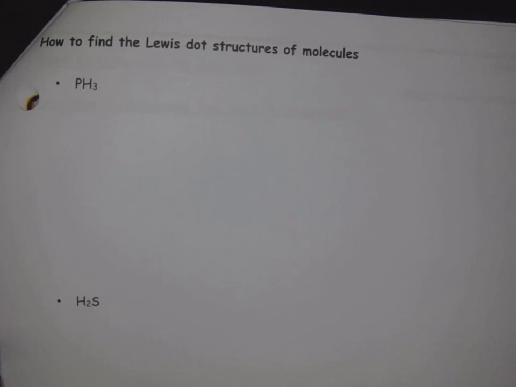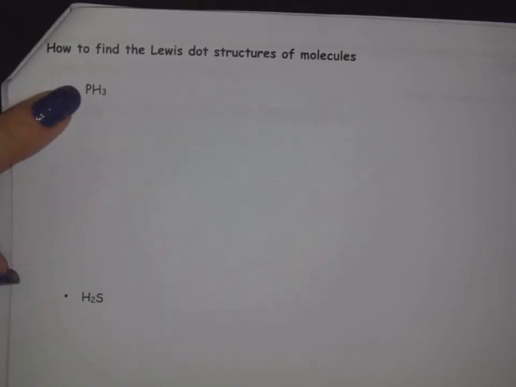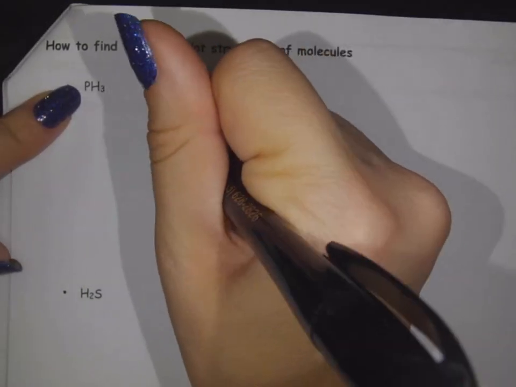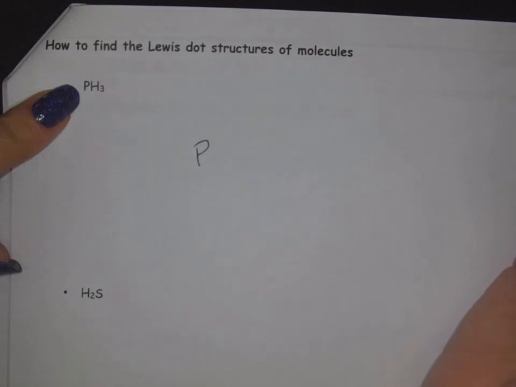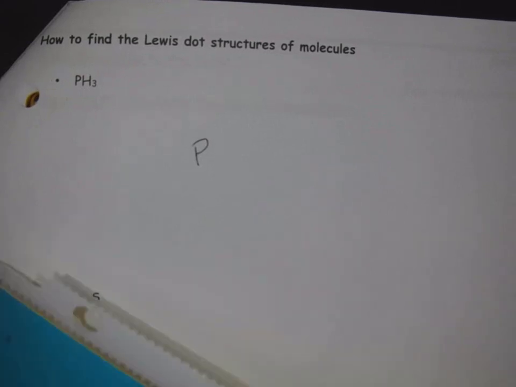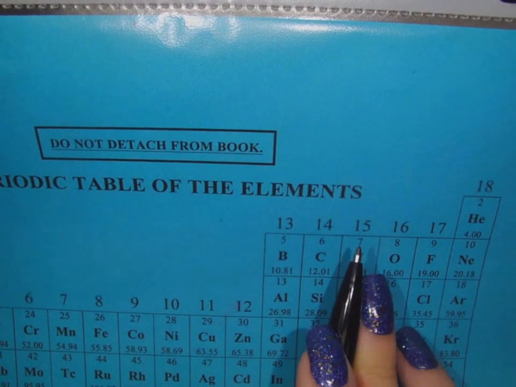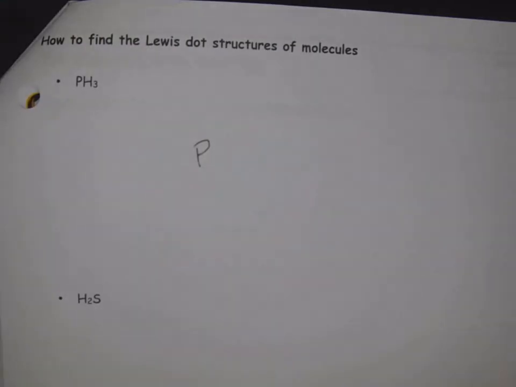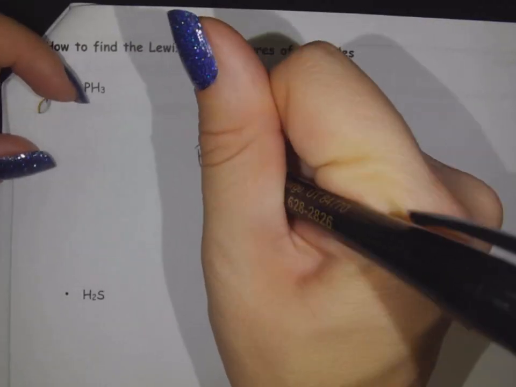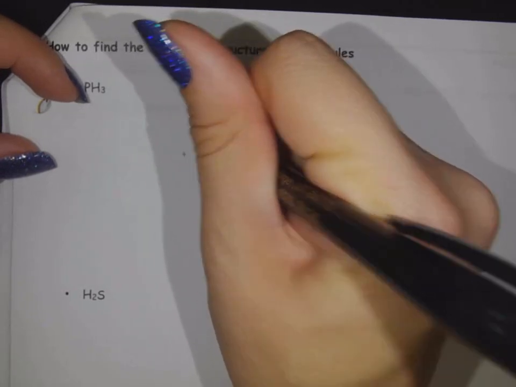So the first thing, here's Mrs. H's way of doing Lewis dot structures. I know nature's going to tend towards symmetry, so I'm going to put phosphorus in the middle here. And phosphorus has 5 valence electrons. Here's my phosphorus, and I have 5 valence electrons, 1, 2, 3, 4, 5.